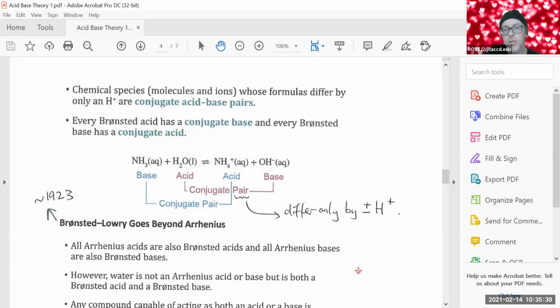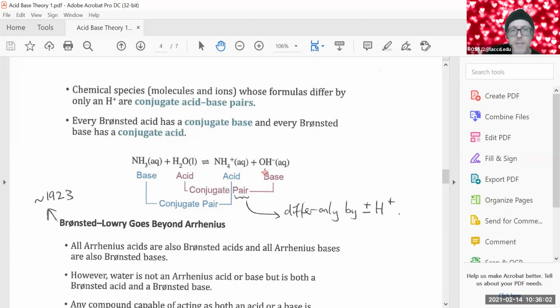Not by any other charge, not by 2 protons, just by 1 proton. We can see here ammonia on the left, the N has 3 H's or 3 protons. On the right, its partner has an extra proton and its plus charge. That's a conjugate pair. Oxygen here has 2 protons on the left, 1 proton on the right.